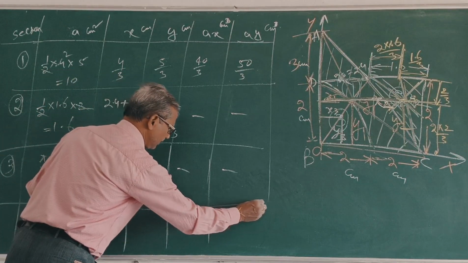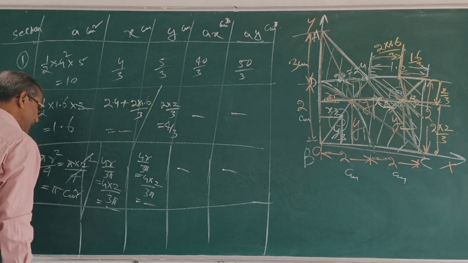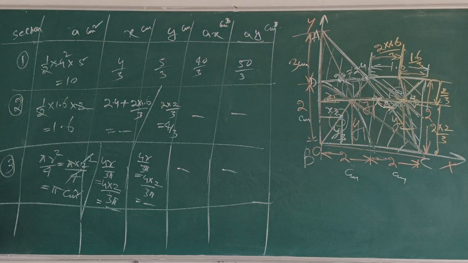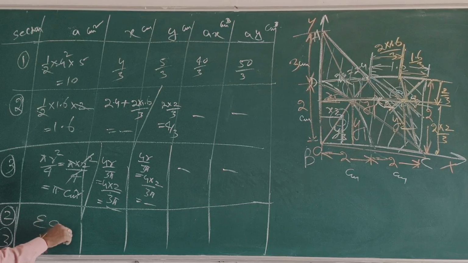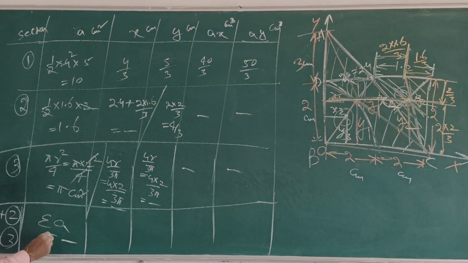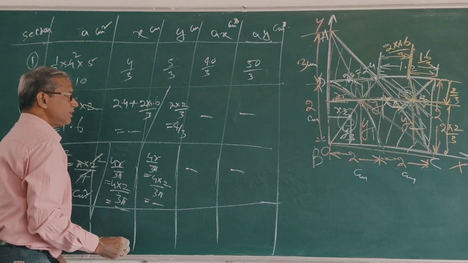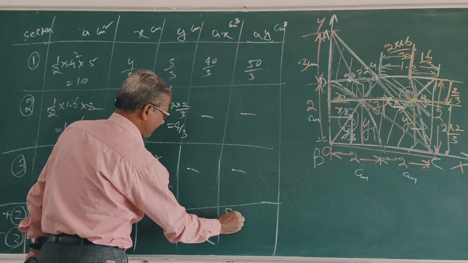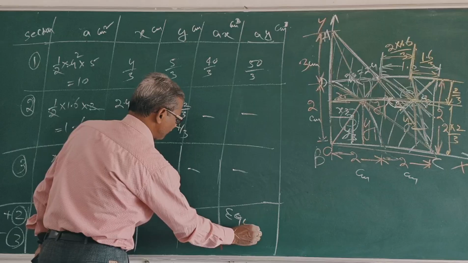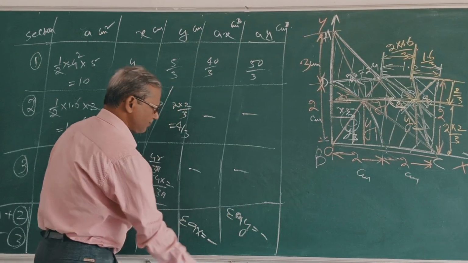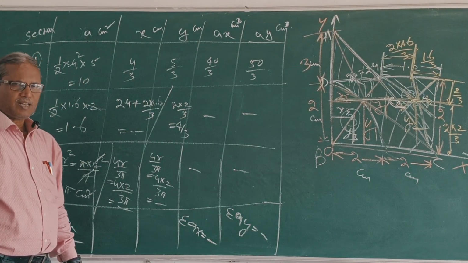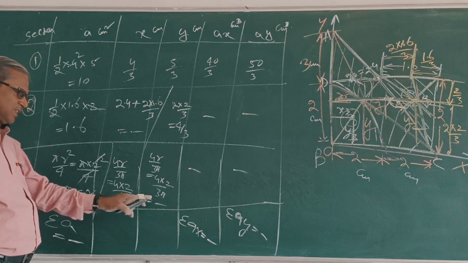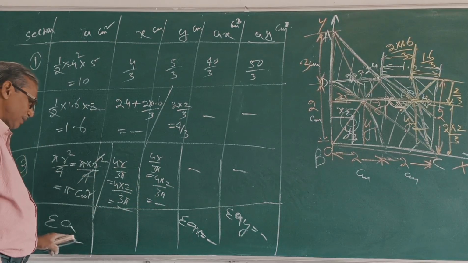Then make 1 plus 2 minus 3. Find sigma a. Find sigma x. Find sigma ay. Clear? Find sigma x, find sigma y, find sigma a.